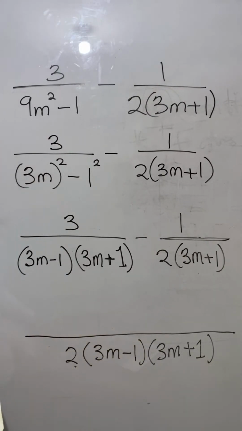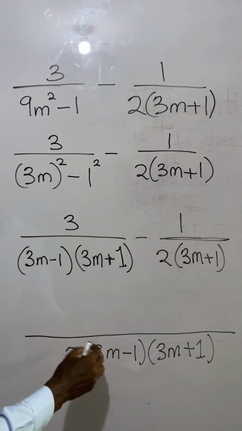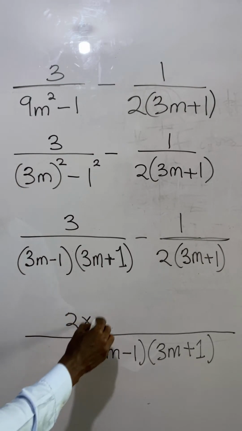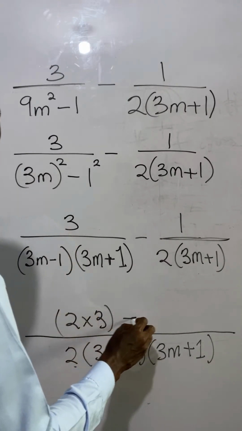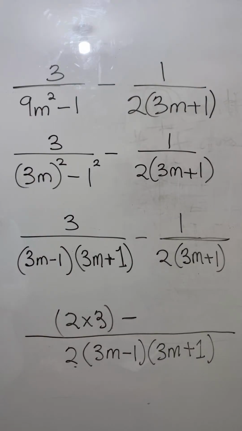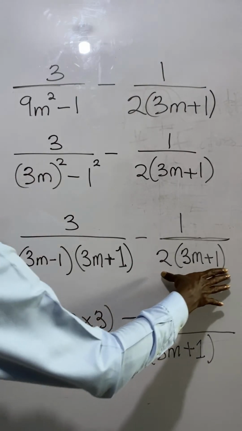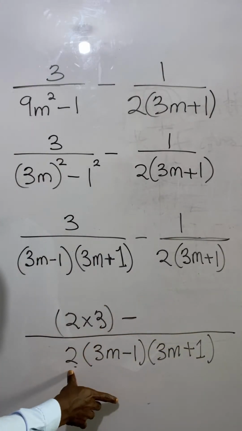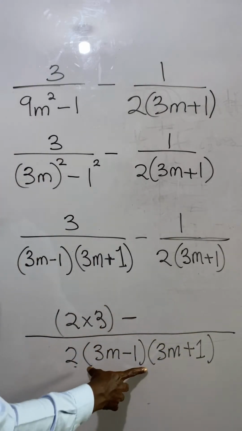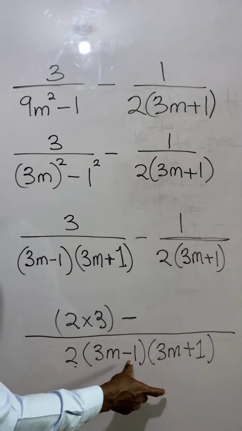Good, let's clean. So we have 2 times 3, which becomes the top. So minus, now we have this denominator taking care of 2 and 3m, leaving us with 3m minus 1.